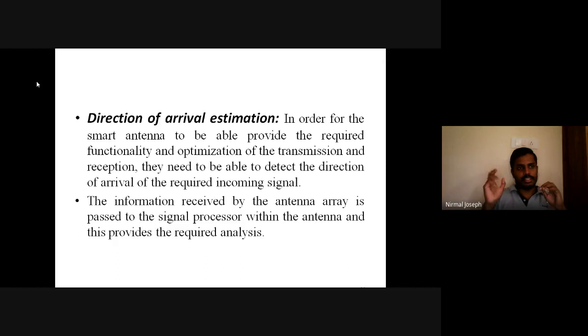The antenna is just receiving a signal from some direction. But since my antenna is a smart antenna, it has some signal processing algorithms built in, so that the antenna can calculate from which direction the signal is coming, and it can orient towards that direction. So better reception and better radiation can be achieved.